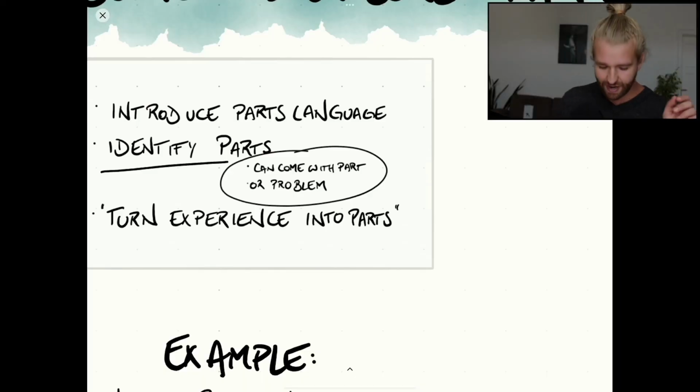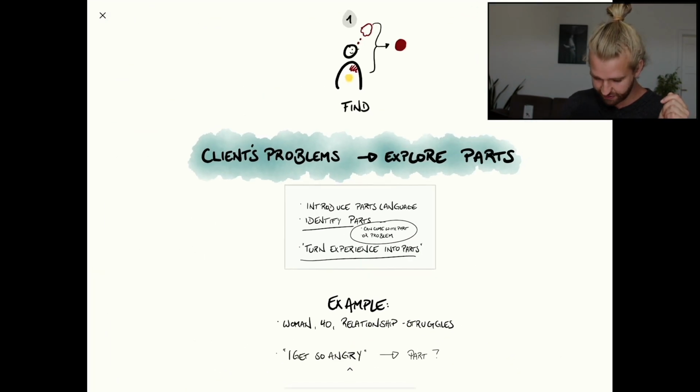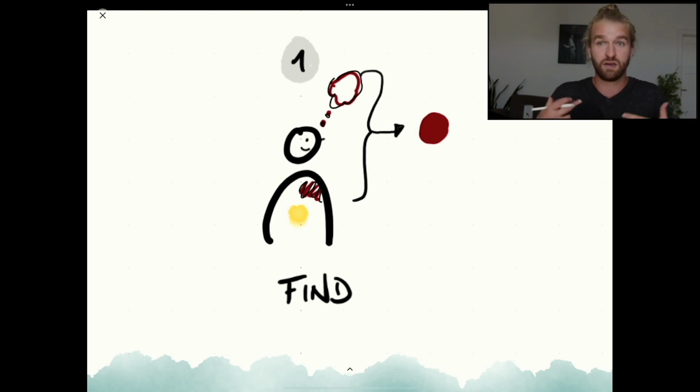One way I like to look at this step is to turn experience into parts. So let's go to this drawing here. As somebody is explaining a problem they have, they will be experiencing certain things. There will be certain thoughts going along with that. There will be feelings. There will be maybe movements, and so on.